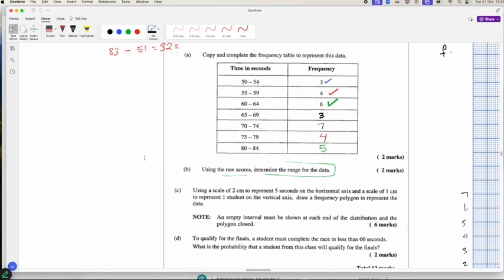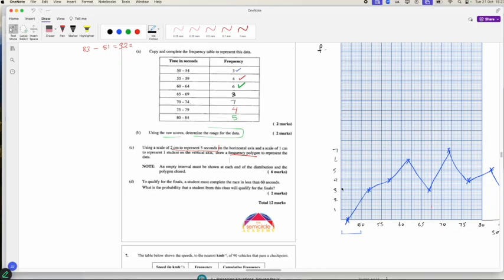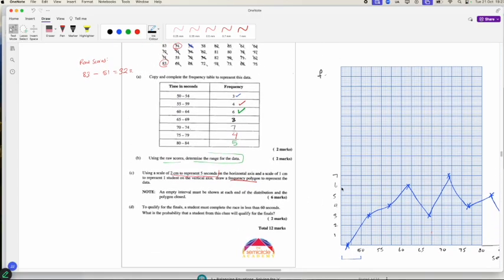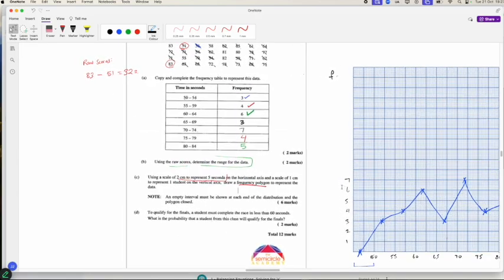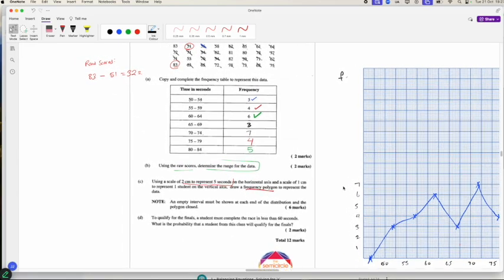Using a scale of 2 centimeters to represent 5 seconds, draw a frequency polygon. I didn't understand this one at all because I had notes after this.